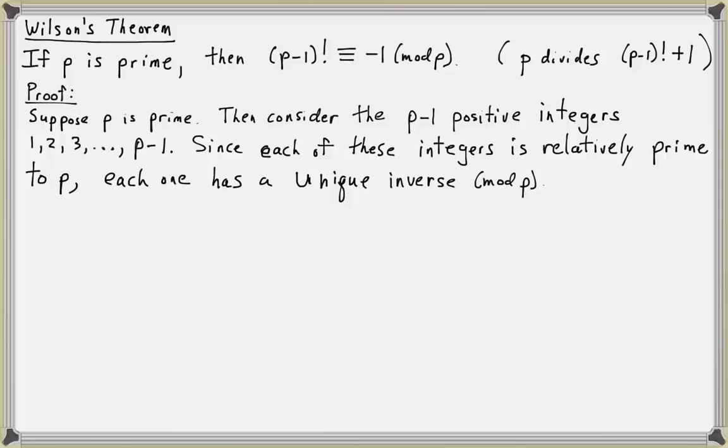Now we've already shown that the only two numbers that are their own inverses would be 1 and negative 1 mod p. So in this list, the numbers 1 and p minus 1 would be their own inverse.